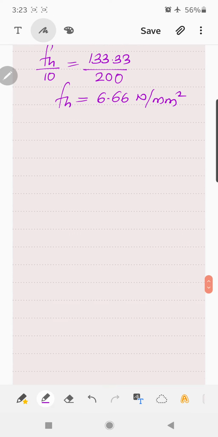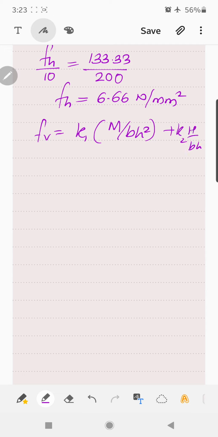You will get the same answer. FV is equal to K1 into m by BH square plus K2 into H by BH. So this H is 0. There is no horizontal force here.